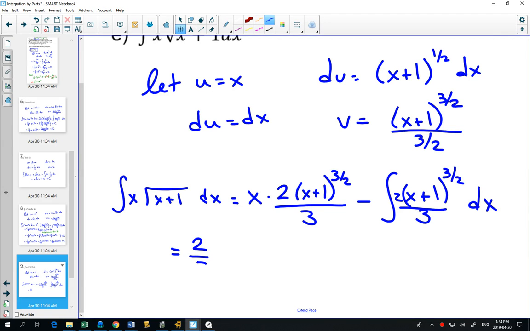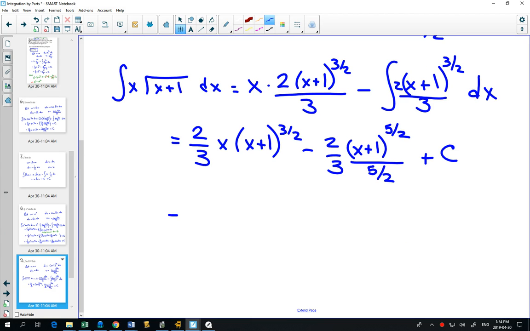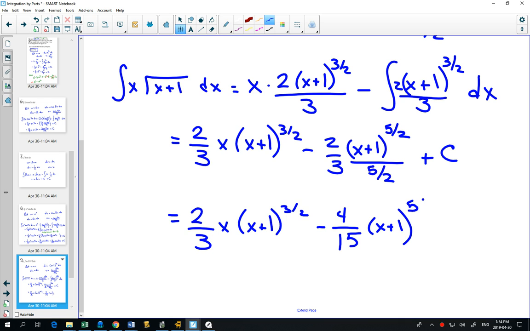And bring that 2/3 out in front of everything, minus, add 1 to the exponent again, so now I'm going to get 5 over 2 and divide by 5 over 2 plus c. Multiply by the reciprocal. And we're done.